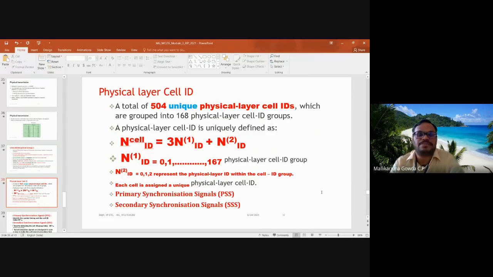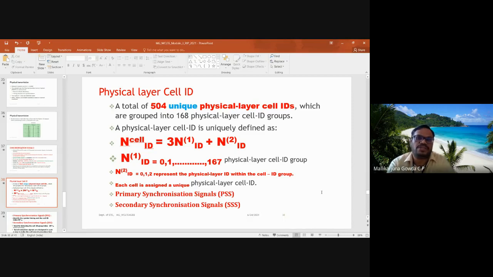So what is that? We have a total of 504 unique physical layer cell IDs. Total how many? 504 unique physical layer cell IDs.